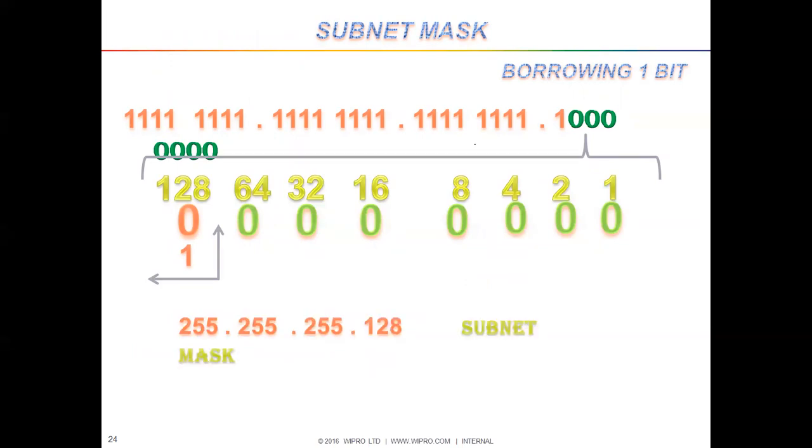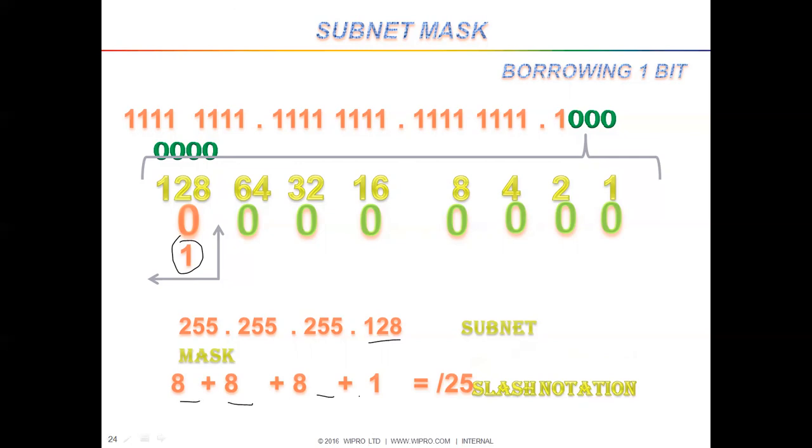So our subnet mask will become /25. Instead of 0, we will use 128. So our subnet mask will be 255.255.255.128, that is, plus 1, slash 25.